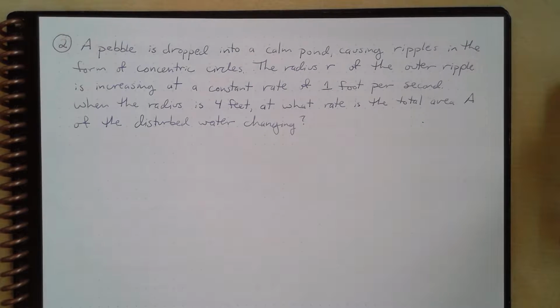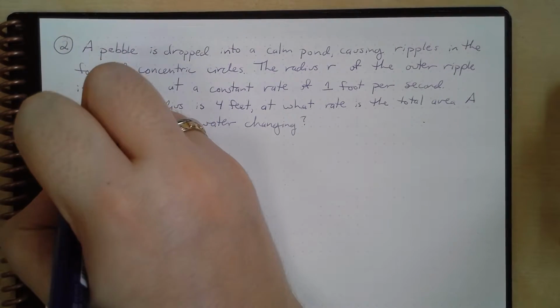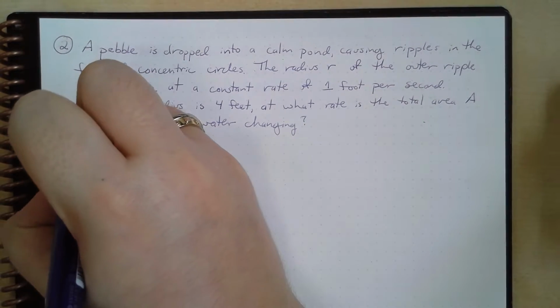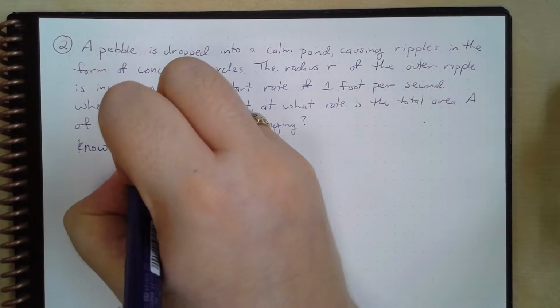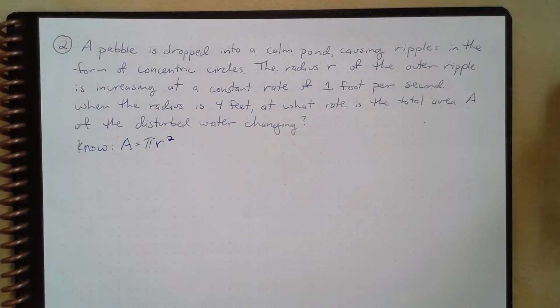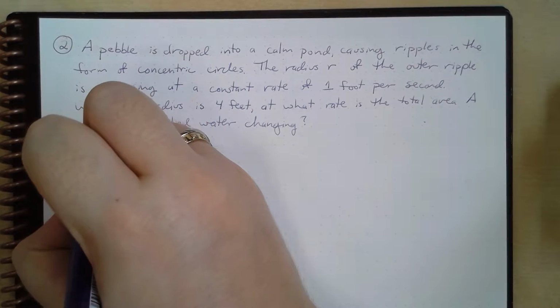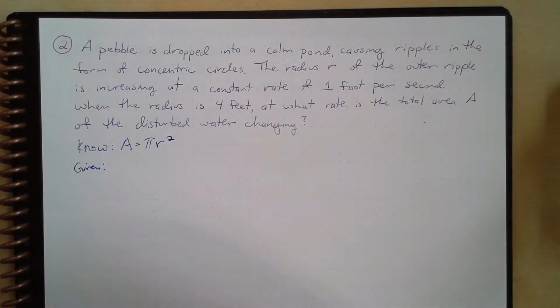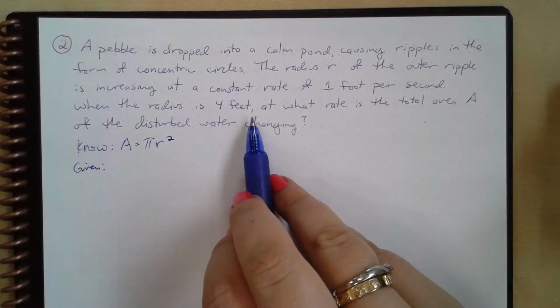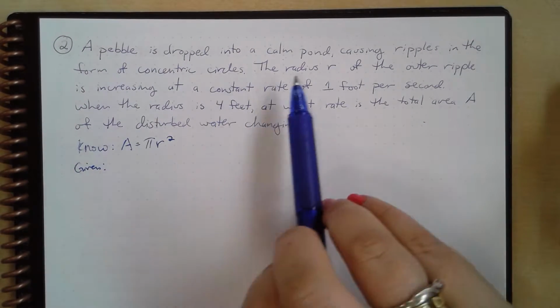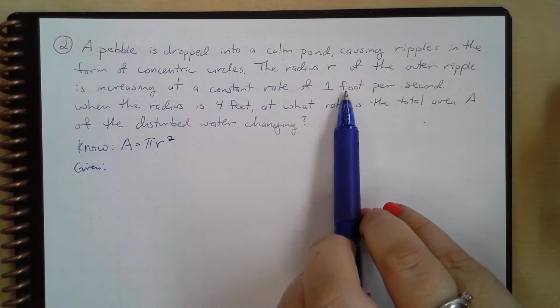Well, I'm going to write down a few things here. We know that the area of a circle is equal to pi r squared, right? You probably have that memorized from the past. And we're given that when the radius is 4 feet, it's changing at a rate of 1 foot per second.